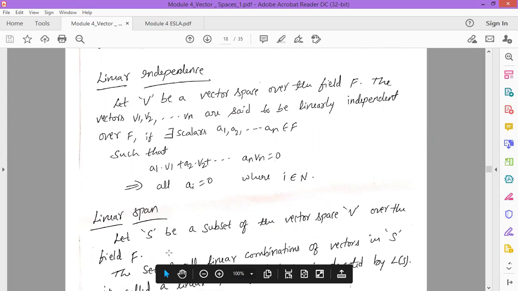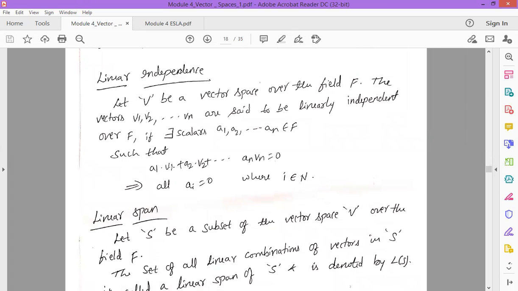For example, suppose V1 is a 0 vector, then the set is said to be linearly dependent, and here we may choose A1 as 3 and the remaining A2 up to An as 0. Even though V1 is a 0 vector, if we have A1 as 3, then this will be considered as the linearly dependent equation.